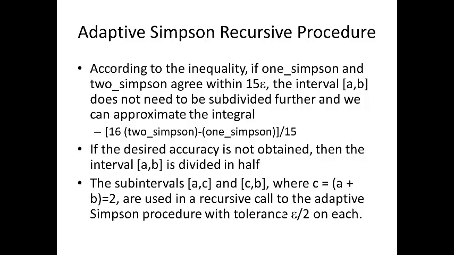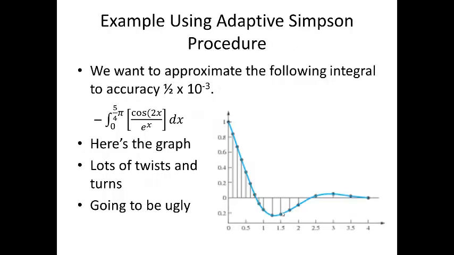Let's take a look at an example here. You can see these subintervals that we're dividing are not equal in size. We have a pretty nasty function here that we want to approximate: the integral from 0 to 5π/4 of cosine 2x divided by e to the x dx.